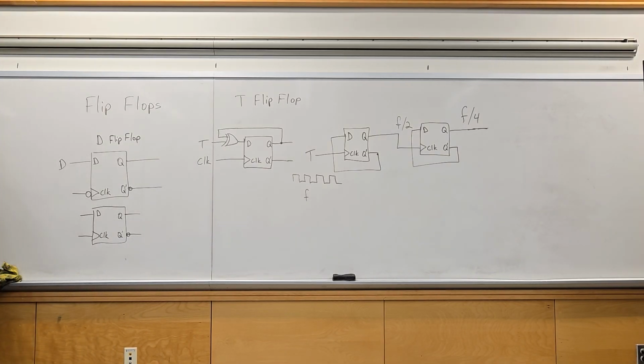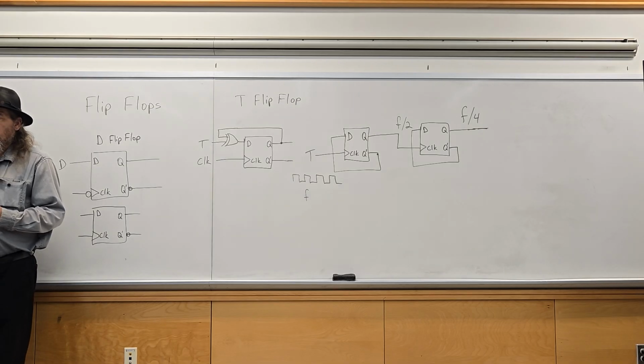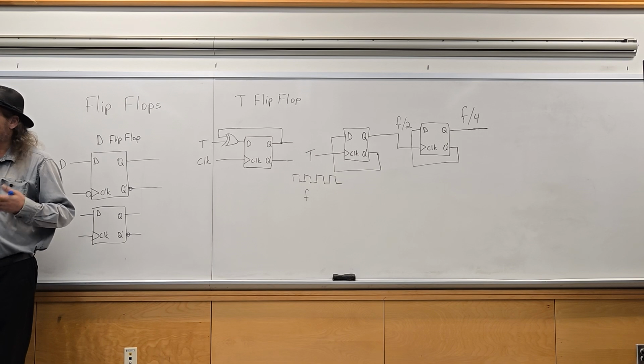Each one will divide it by 2, so you can have clock dividers divide by 2, divide by 4, divide by 8, divide by 16, 32, 64, etc.